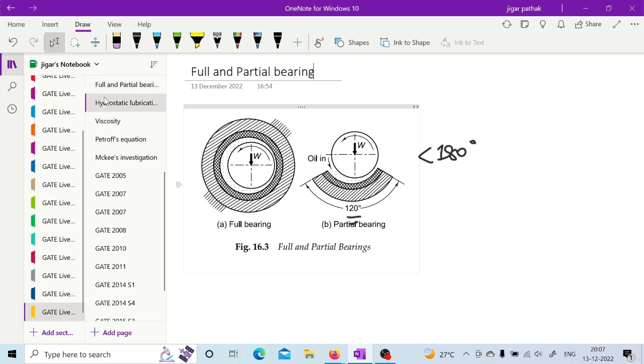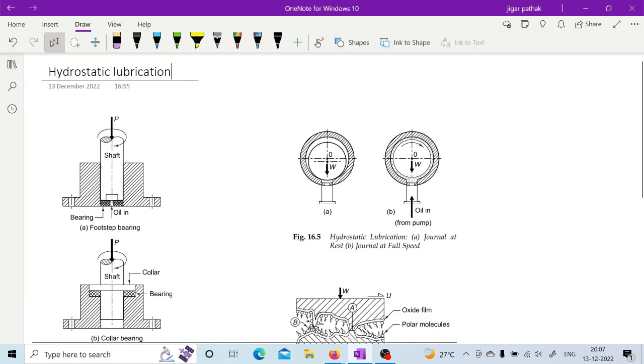Then in the case of hydrostatic bearing, as we can see in this figure, in hydrostatic lubrication we can provide oil through a pump between the journal and the bushing. So in hydrostatic lubrication there is no need to depend on the speed of the journal for the amount of lubrication.